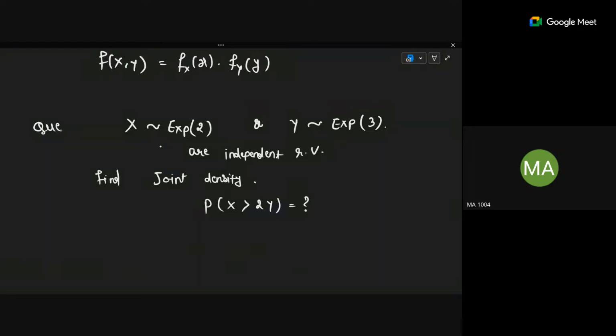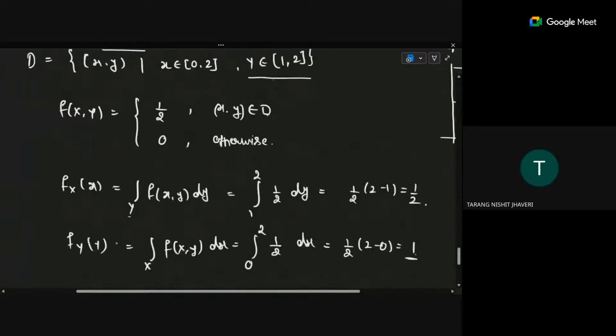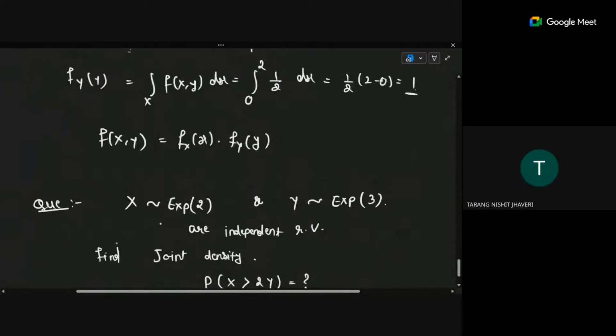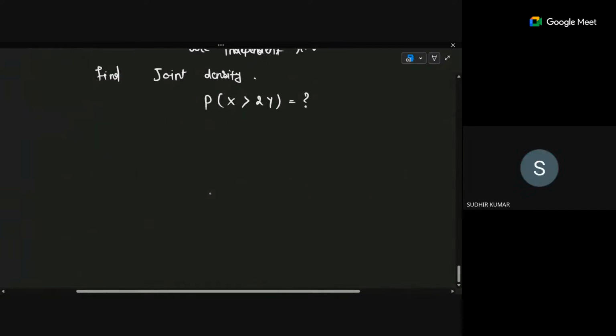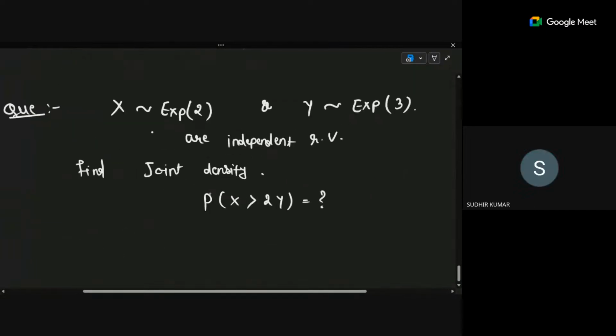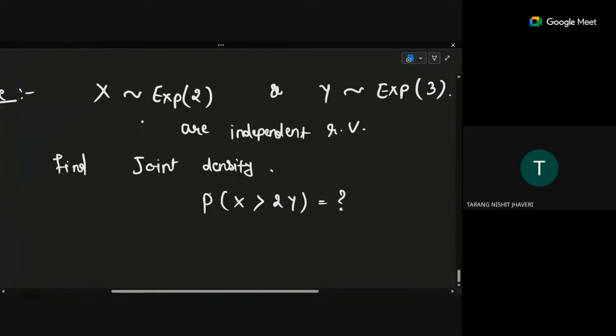You just said multiplication of marginal densities, but how will you calculate the marginal density itself? Ma'am, we know the formula for an exponential distribution: fx is equal to lambda into e to the power minus lambda x.